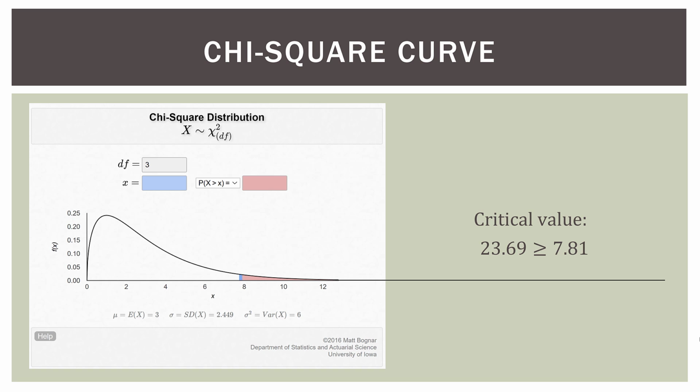Remember, the critical value is just the location of where the area of 0.05 starts over here to the right. Now, what is our chi-square value? Well, it's 23.69. Look where it is relative to this curve. It is way over to the right. So of course, because it is in that rejection region over to the right, we reject the null hypothesis. But I want you to see visually what it looks like in the chi-square distribution.